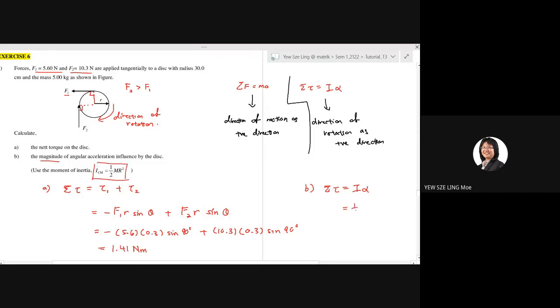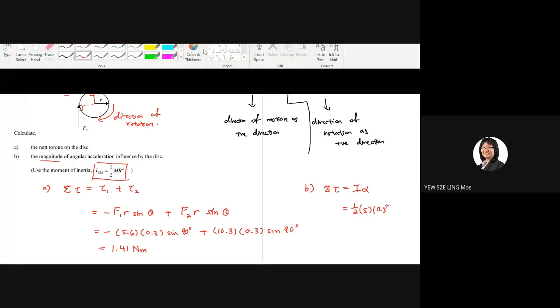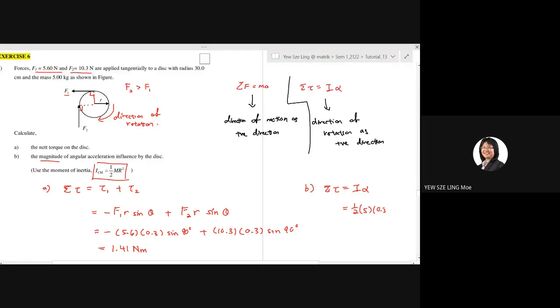So it equals 1/2 times m, which refers to the mass of the disc, which is 5 kg, and then r, I have 0.3 squared, times alpha. So torque we have just now 1.41. Okay, 1.41. So rearrange the equation. Eventually you will obtain angular acceleration equal to 6.27 rad s^-2.